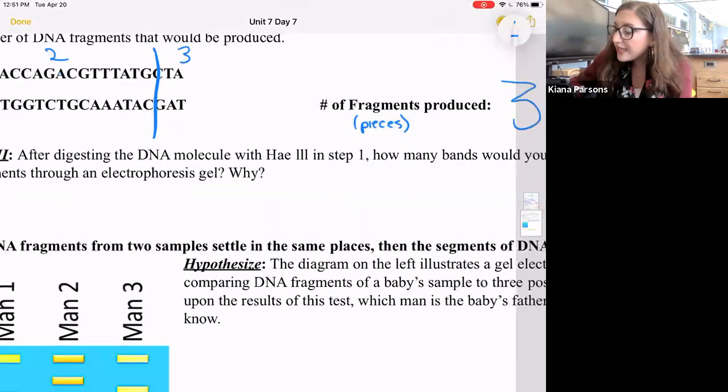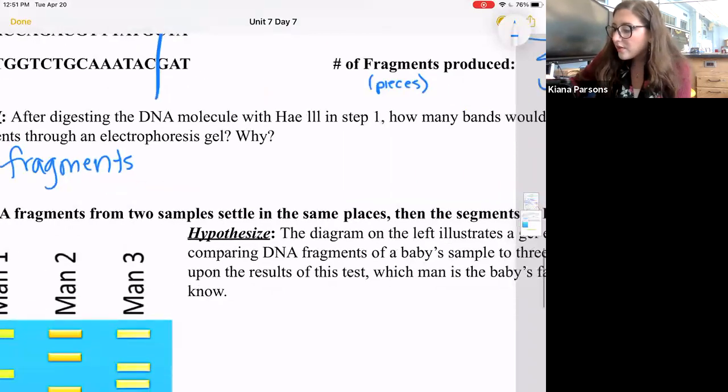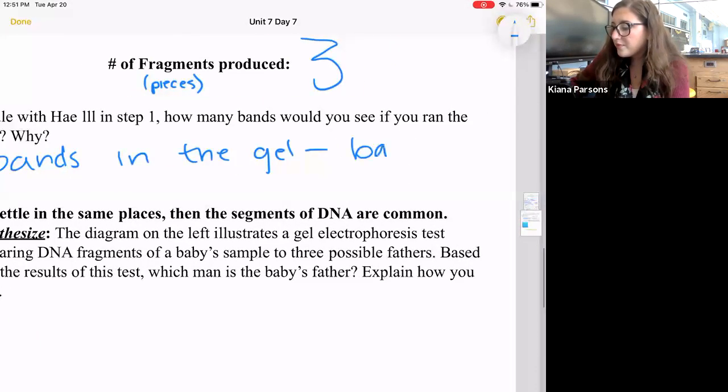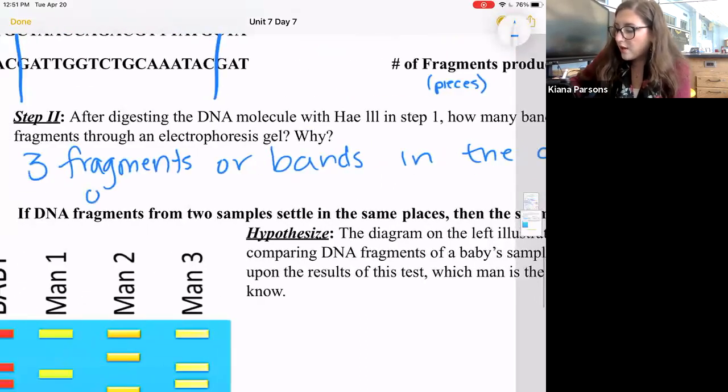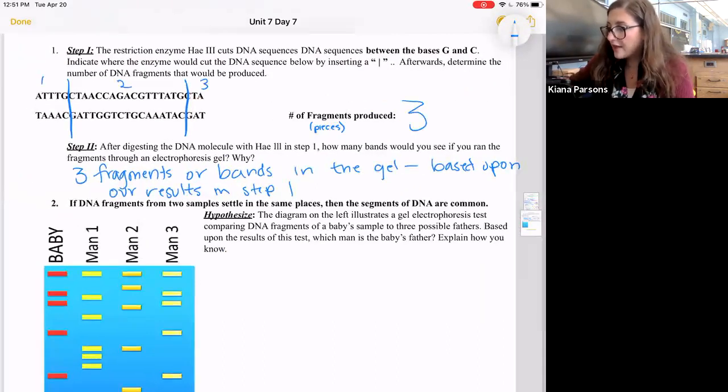So we would see 3 fragments or bands in the gel, based upon our results in step 1, or how the enzyme cut between G and C, excuse me.